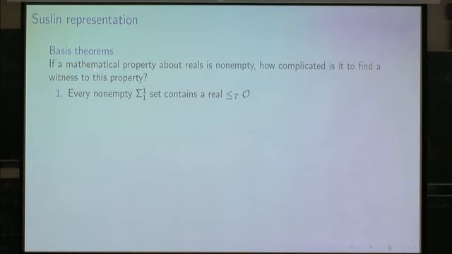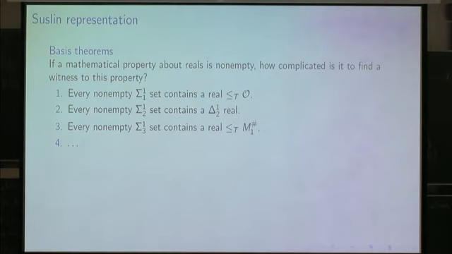At the Sigma^1_1 level, this is Kleene's basis theorem: every non-empty Sigma^1_1 set contains a real recursive in Kleene's O. And for Sigma^1_2 sets, if a Sigma^1_2 property about the reals is non-empty, it must contain a real which is Delta^1_2 when coded as a subset of omega.